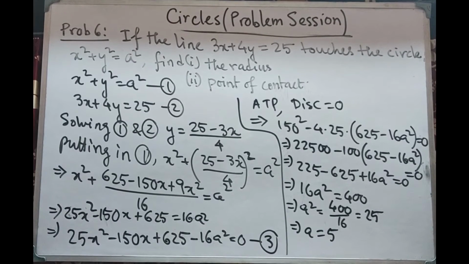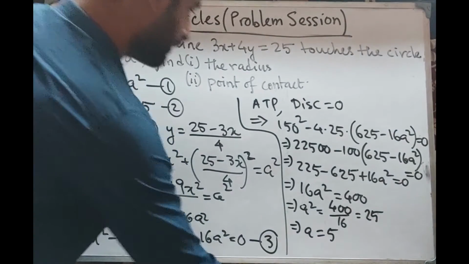Now since we are having the value of a, we can easily find the value of x now, and from that we can easily find the value of y. So to do that, we are putting a square here, and let us see what is the quadratic equation.